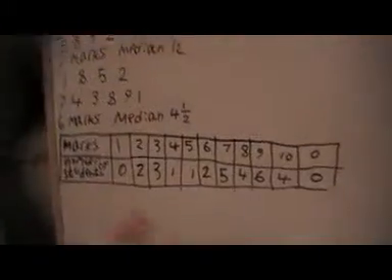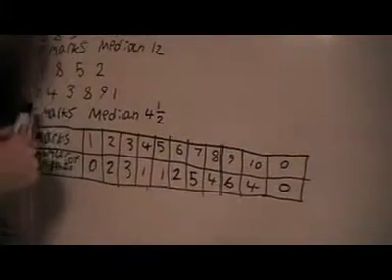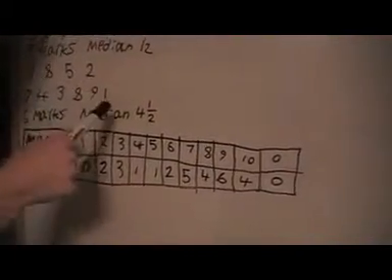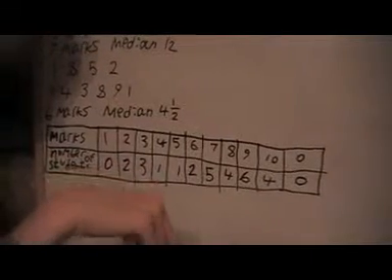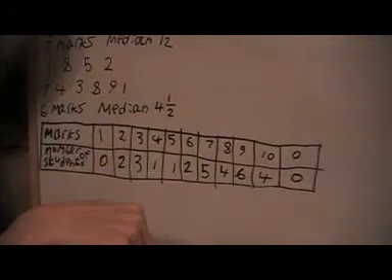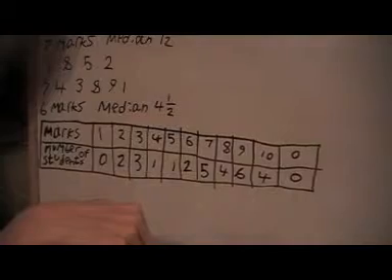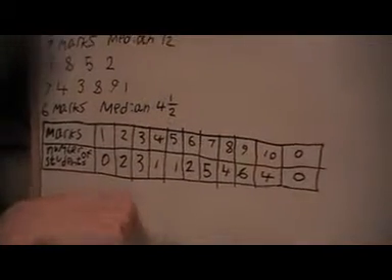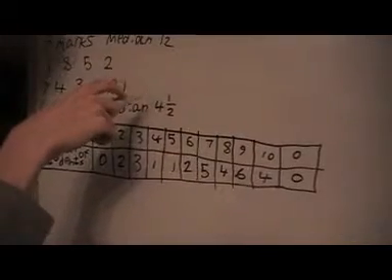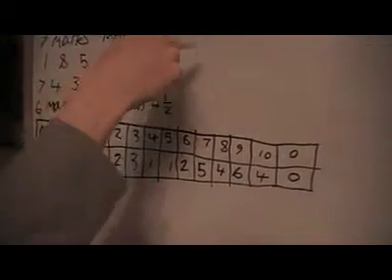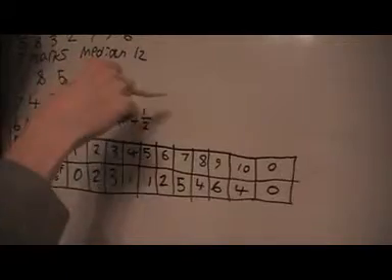Right, next one we want to give an example where we've got 6 marks and the median's 4.5. What we'll do to get this one is we need to have 2 numbers in the middle that add up to 9.